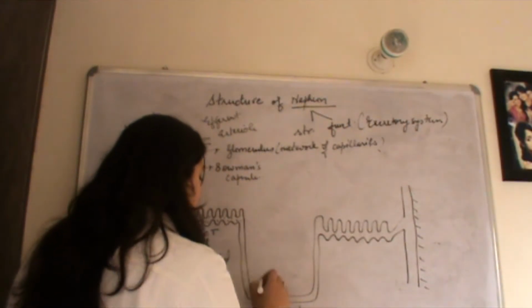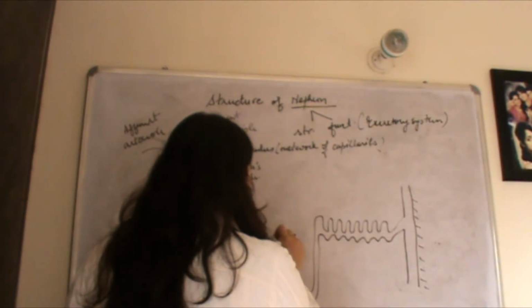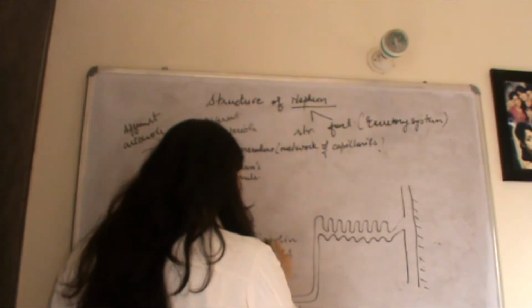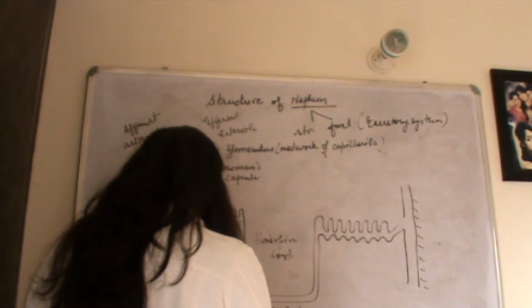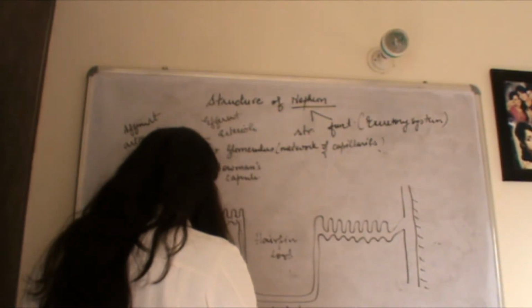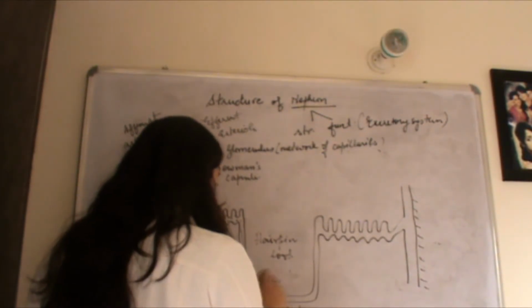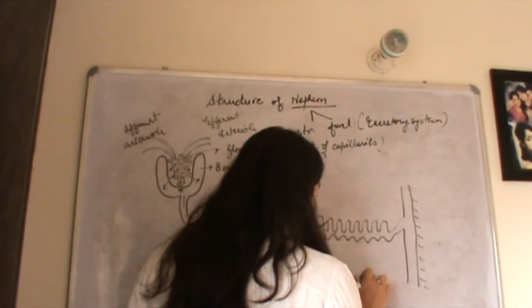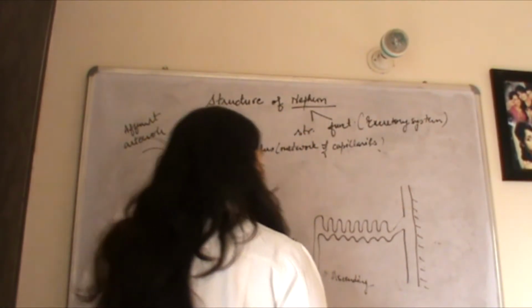It is also called the hairpin loop. This part is called the descending part, and this part is called the ascending loop of Henle.